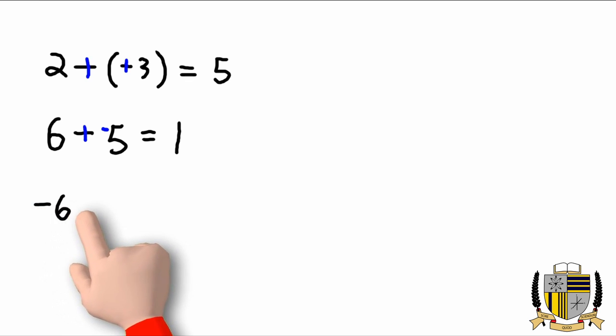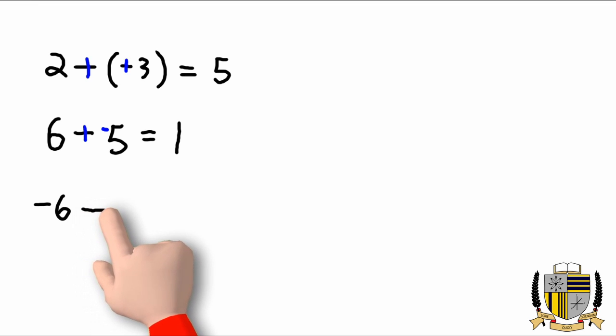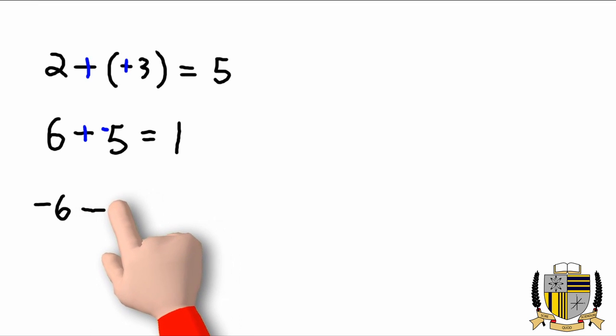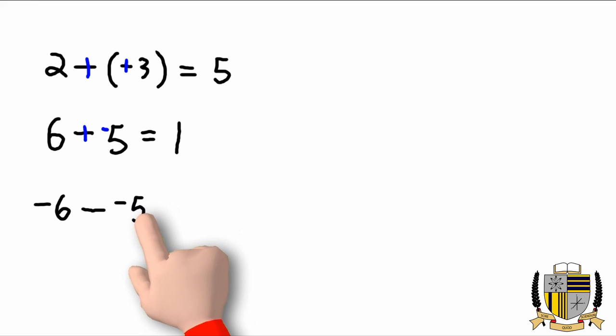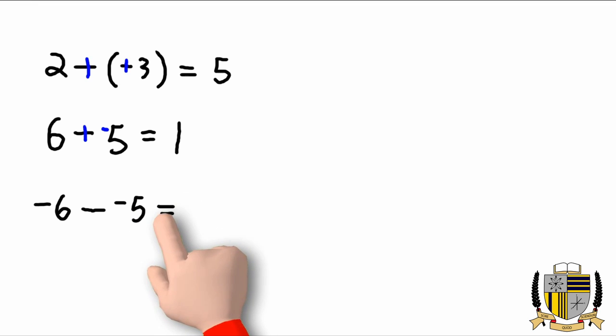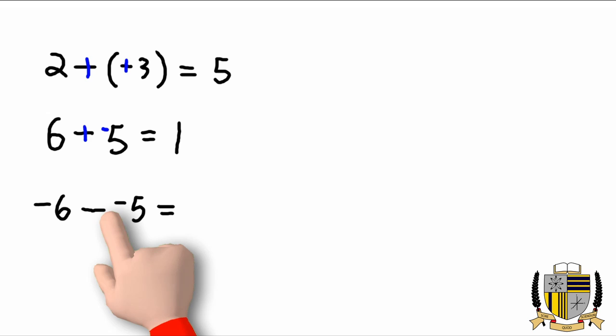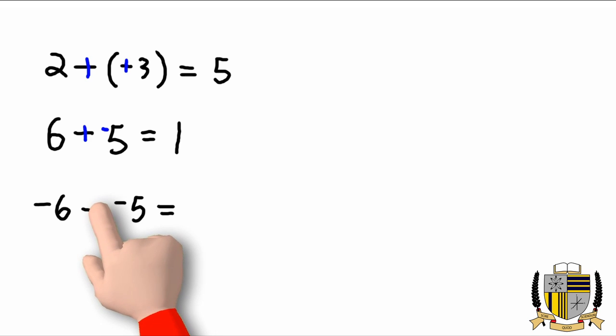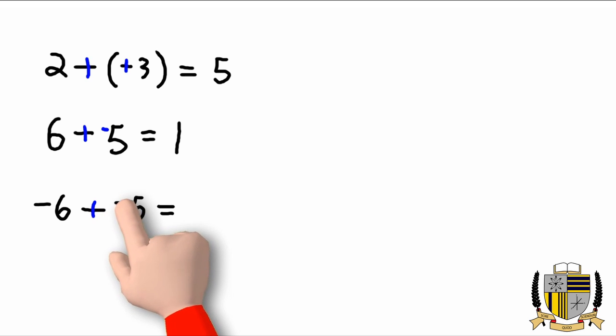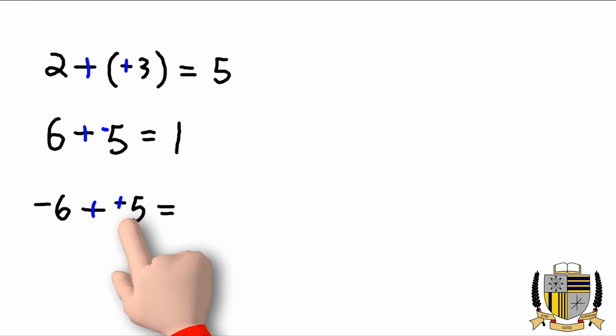So if we have a negative 6 minus a negative 5, what does that equal? Well, the subtraction rule is we change the sign from subtraction to addition. We change the sign of the second number to its opposite sign. We have negative here, so now it's positive.